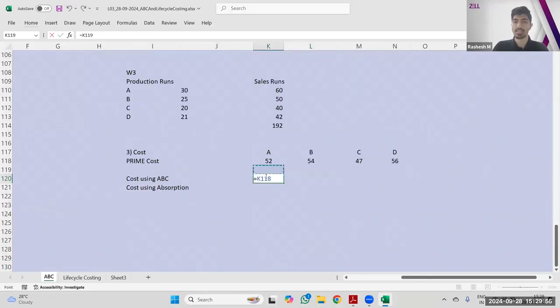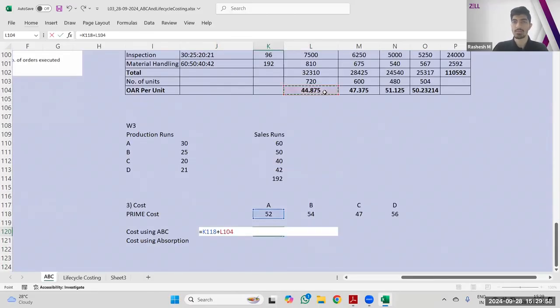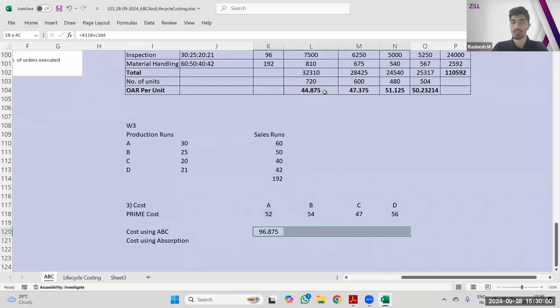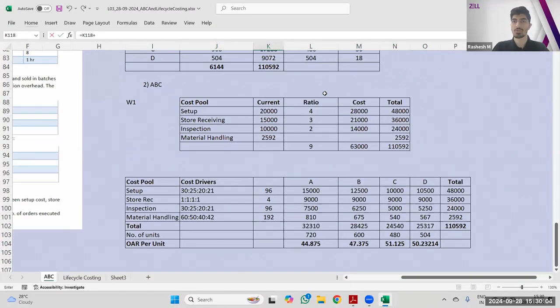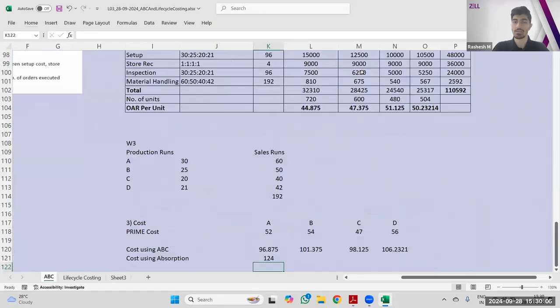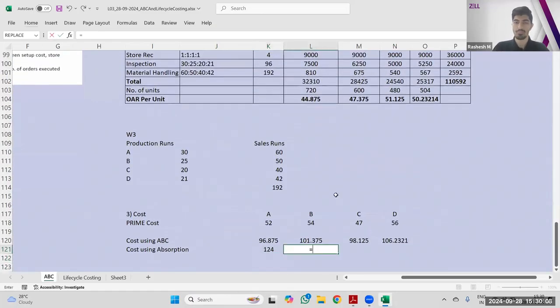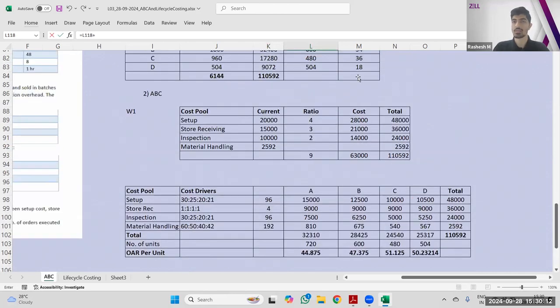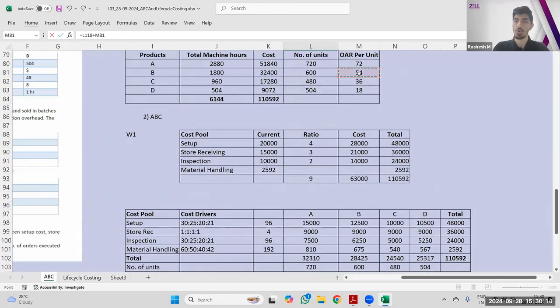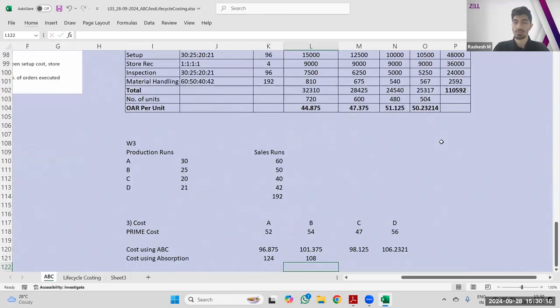Cost using ABC is nothing but 52 plus 44.875 for all 4 products. And using absorption costing is the old one, 72. Basically, I'm just doing direct materials plus direct labor plus overheads, but for 2 different methods.